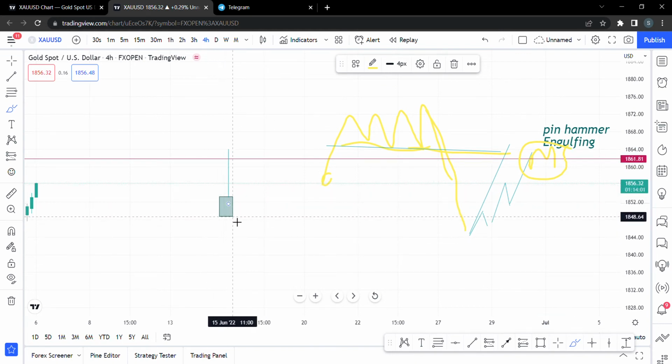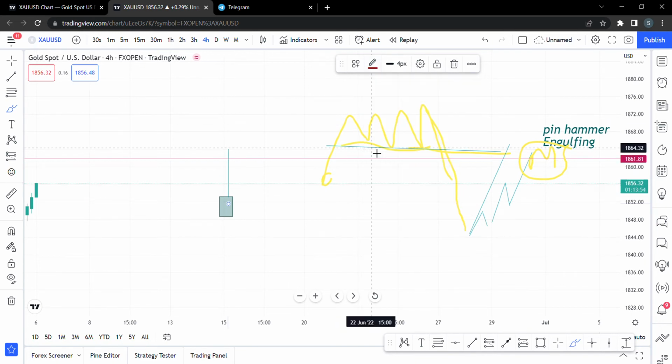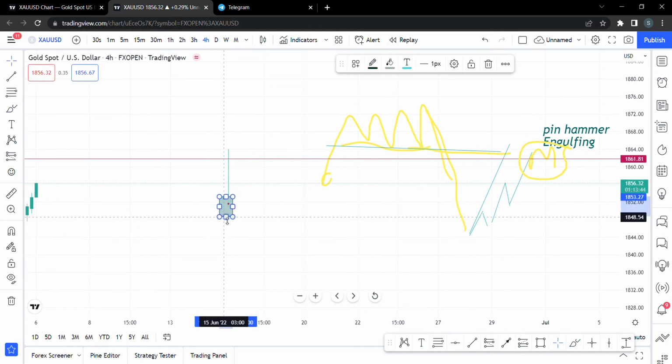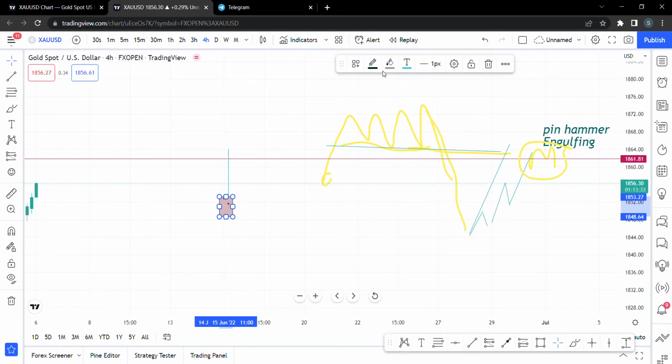Now let's say this is, let me change the color to red since it's bearish, right? Bearish. Change to red.